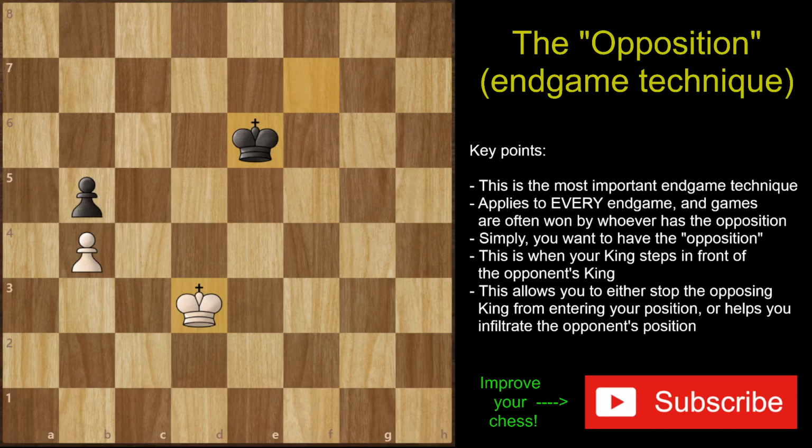There's no way, right? But if you just know that whoever has opposition in this position draws the game or wins the game, then that's it. That's how chess is played, with pattern recognition. And this is the most important in-game concept, the opposition, apart from obviously just having more material than your opponent.